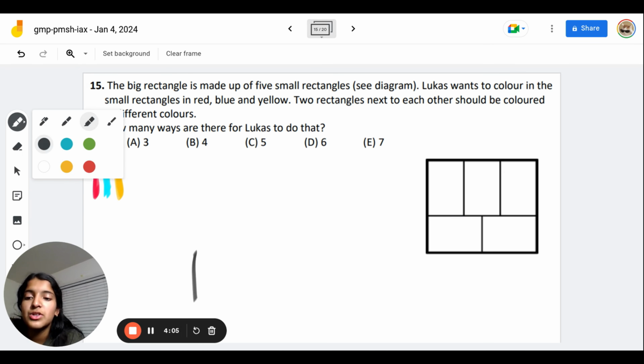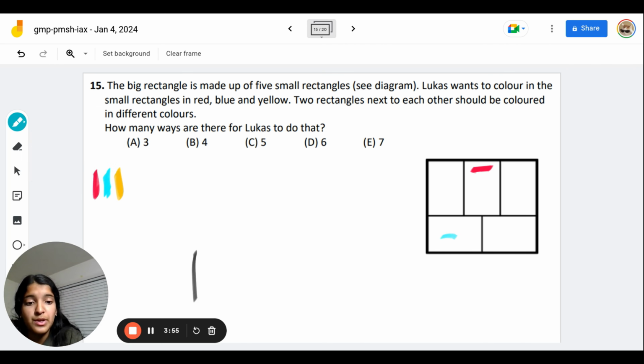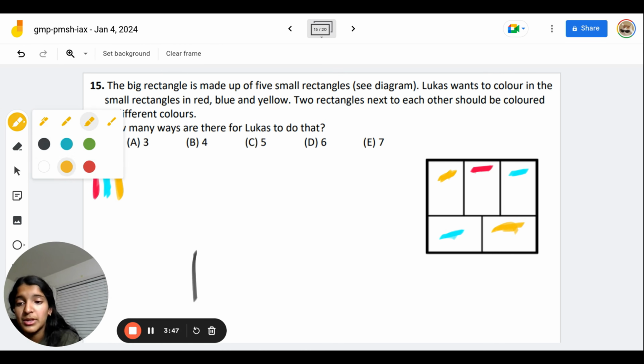Our second combination would be, we're still going to keep red over here, and then we're going to switch the blue and the yellow. So we're going to put blue over here, and then we're going to put yellow over here and over here. And that's our second combination. Let's put another tally mark.